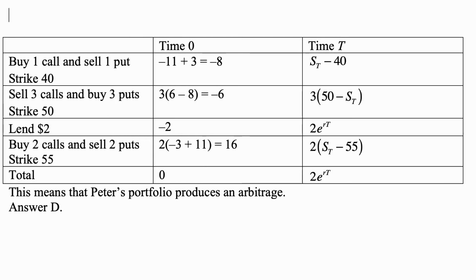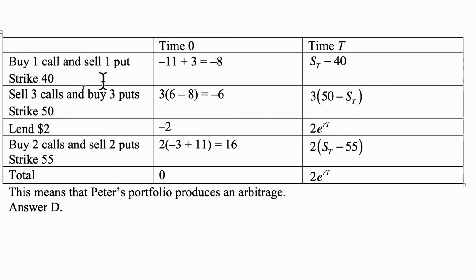And here's what happens. Buy 1 call, sell 1 put, strike price 40, sell 3 calls and buy 3 puts, strike price 50, lend $2, buy 2 calls and sell 2 puts, strike price 55.